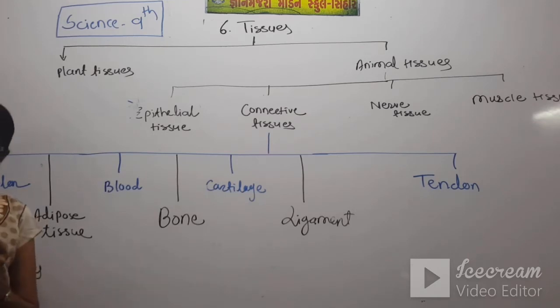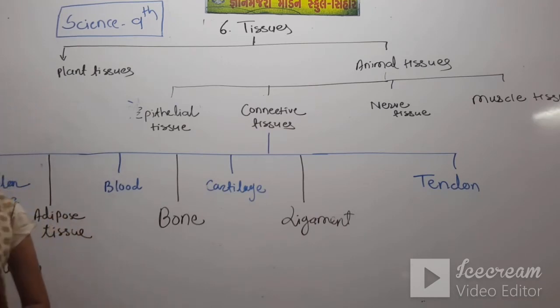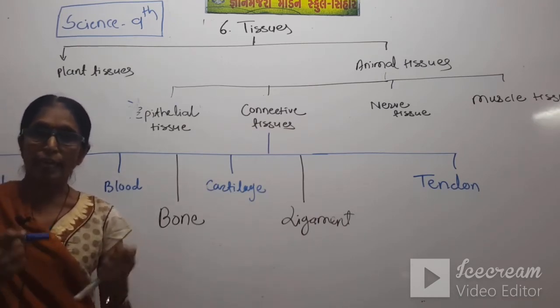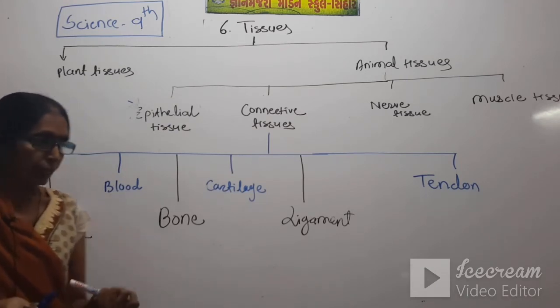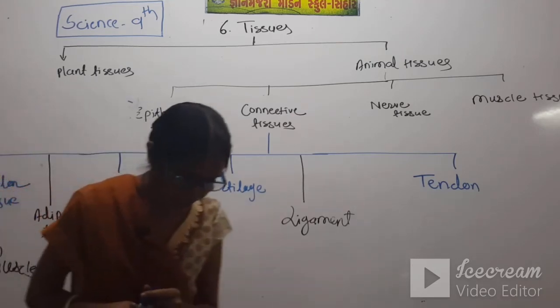There are muscles in our body which are responsible for the different activities we do, running and skipping and walking, whatever it may be. So which type of tissues are there? They are areolar tissues.